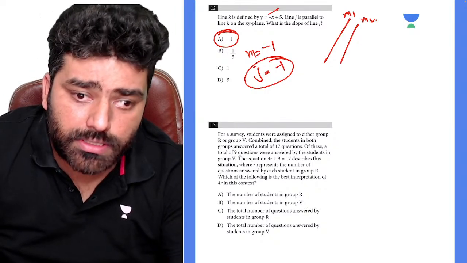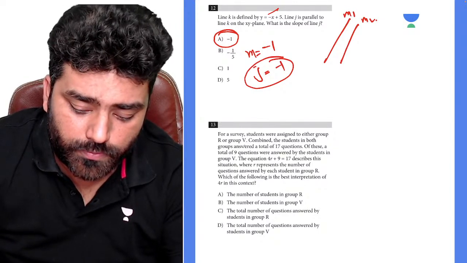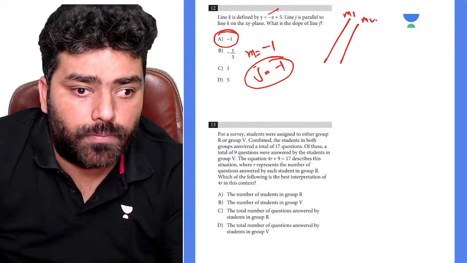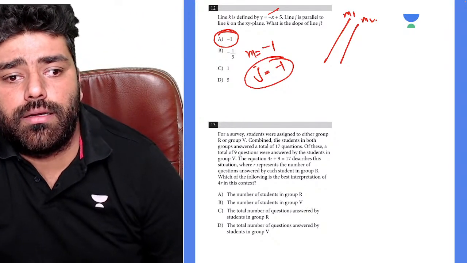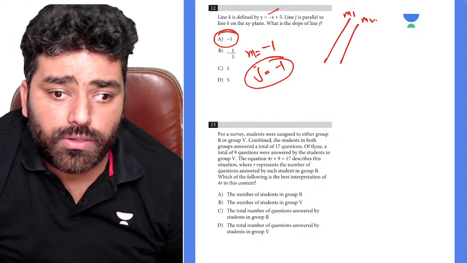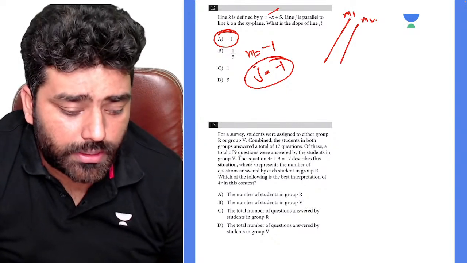For a survey, students were assigned to each group, group R or group V. Combined, the students in both groups answered a total of 17 questions. Of these, a total of 9 questions were answered by the students in group V, right?